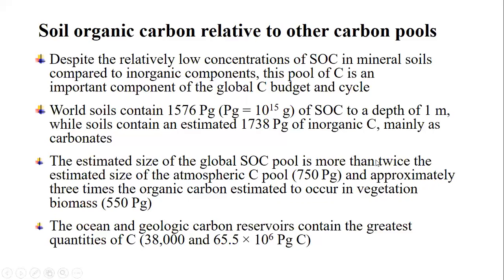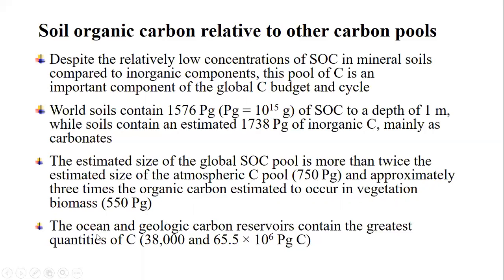So more than twice, and approximately 3 times the organic carbon estimated to occur in vegetation biomass. In all the forests in the world, all the vegetation that's on the earth, the soil carbon is about 3 times that. So again, you can see how important the soil organic carbon is compared to the global carbon pools in the world.